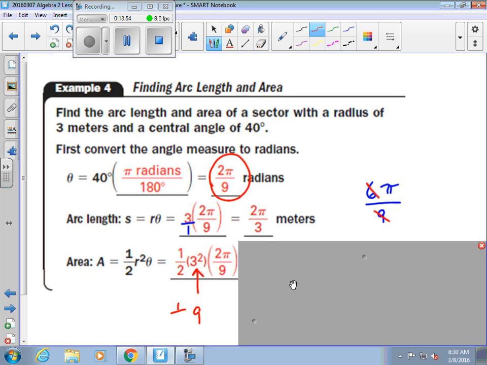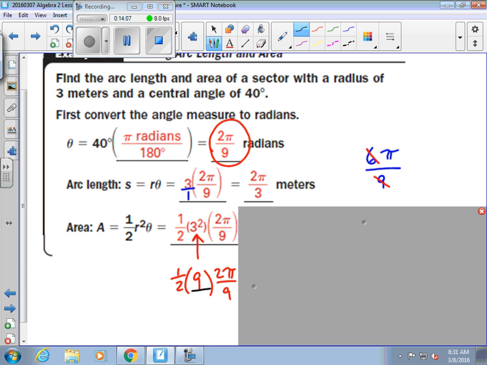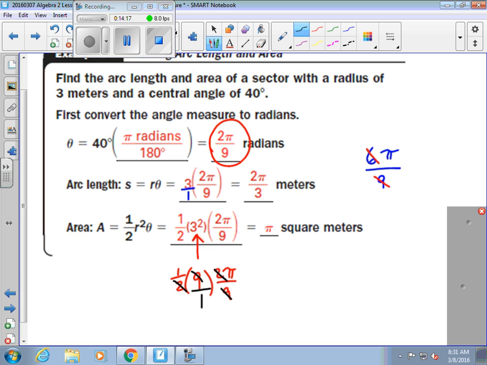This looks tough, but it's really simple. It's 1/2 times 9 times 2 pi over 9. This 9 over 1 will eliminate this 9 over 9. This will eliminate this, 2 over 2. So all you're left with is 1 times pi, or simply pi square meters.